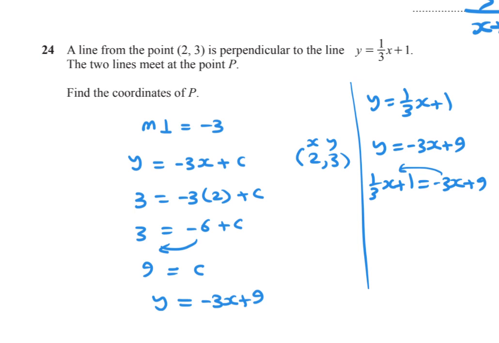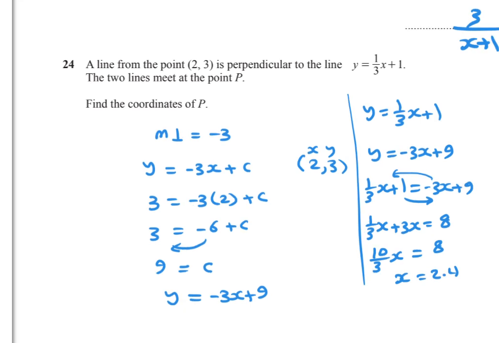Transpose negative 3x to the other side as positive, and 1 to the other side as negative. So 1 over 3 x plus 3x equals 9 minus 1, which is 8. 1 over 3 plus 3 is 10 over 3, so 10 over 3 x equals 8. So x equals 3 times 8, which is 24 over 10, so 2.4.